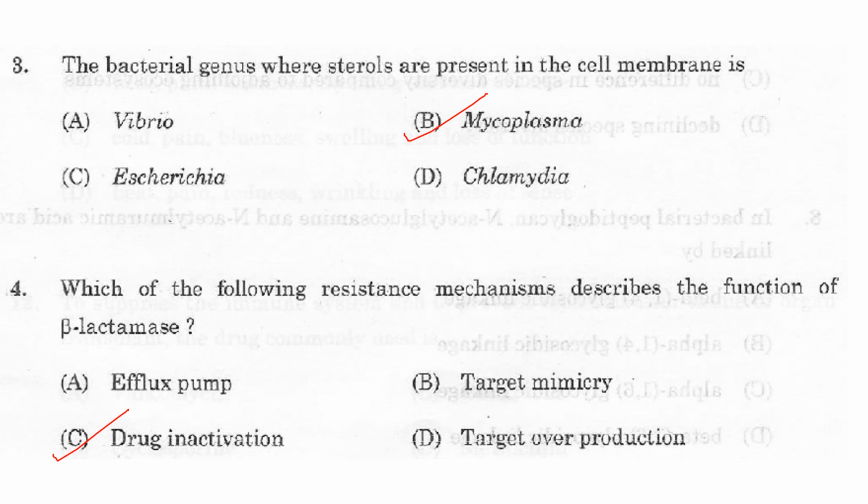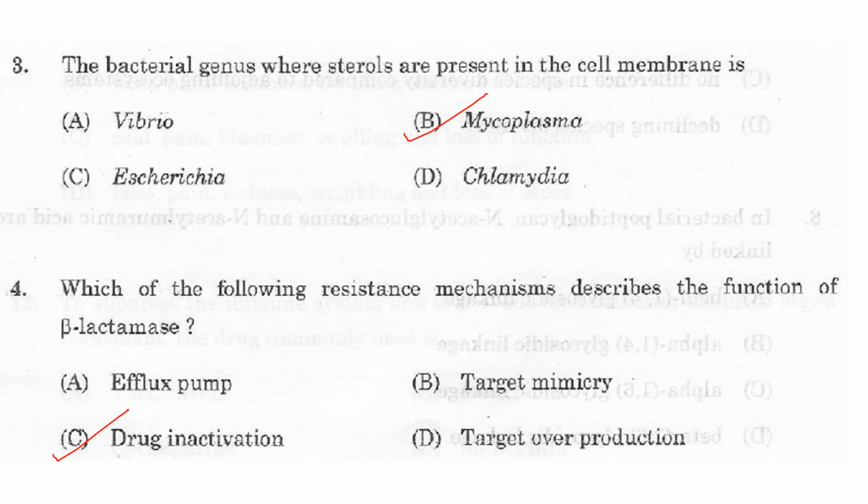Efflux pump is a protein that removes the antibiotic from the bacterial cell. Target mimicry means the bacterial protein will mimic the target of the antibiotic. So the antibiotic will not bind to the target, it will bind to this bacterial protein which is mimicking the target, so it will not cause any effect to the bacteria.